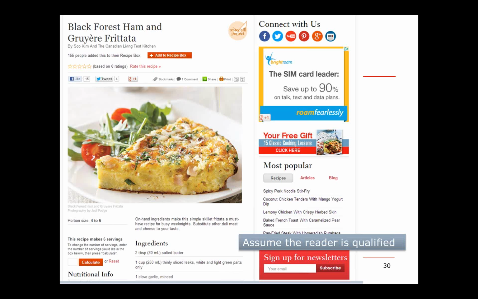If every single technique and step in a recipe had to be explained to someone who'd never done it before, the recipe would get to be very big, very long. So each individual topic assumes that the reader is qualified.